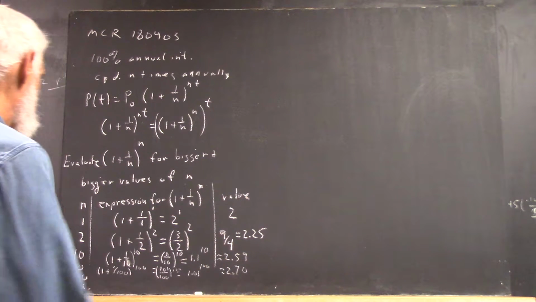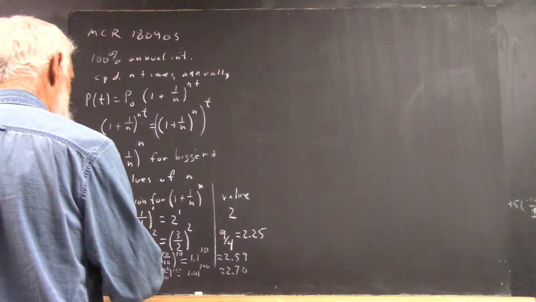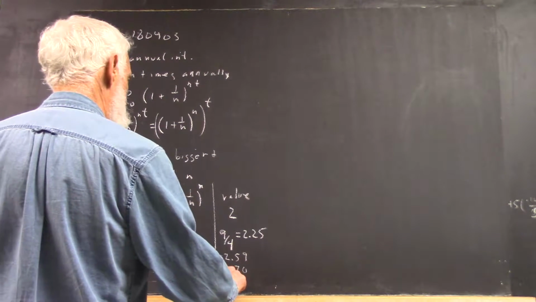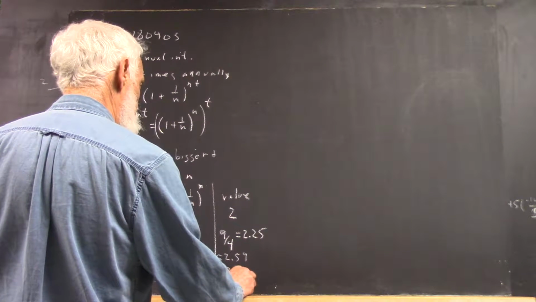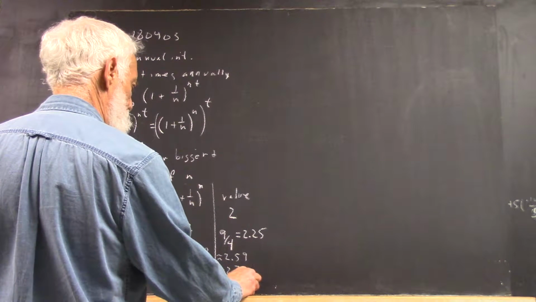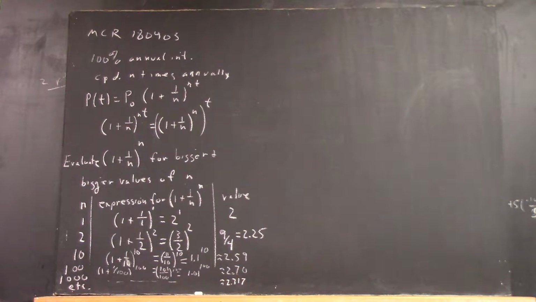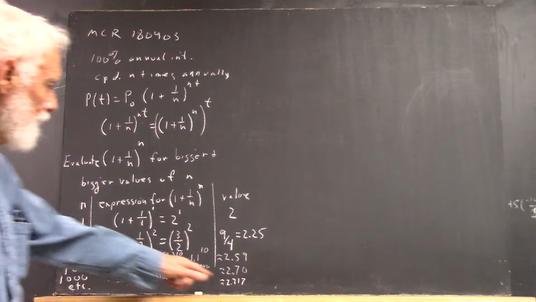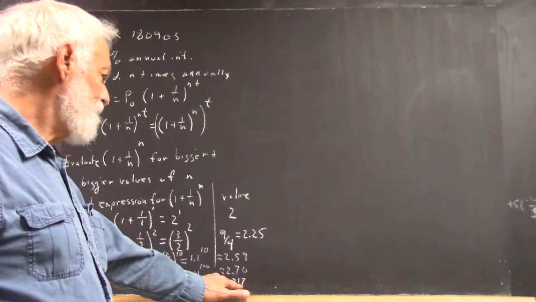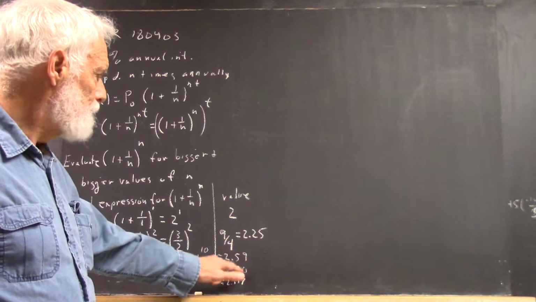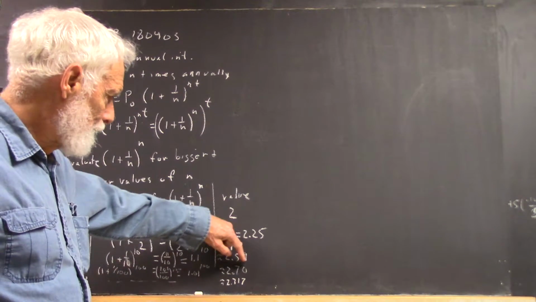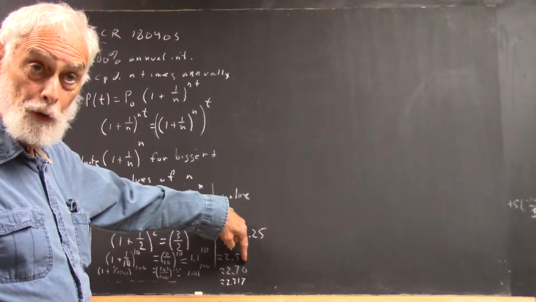Okay? For 1,000, and we don't have room to write that, I think you're telling me that this rounds off to like 2.717. Okay? Now notice that I added another decimal place here because it's going to be changing by less than 100th from here on.